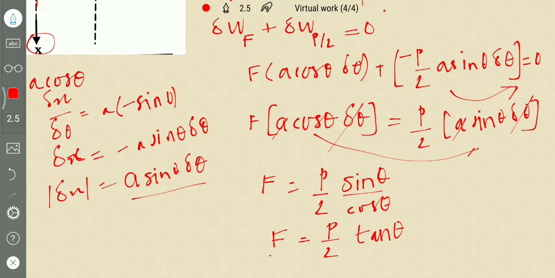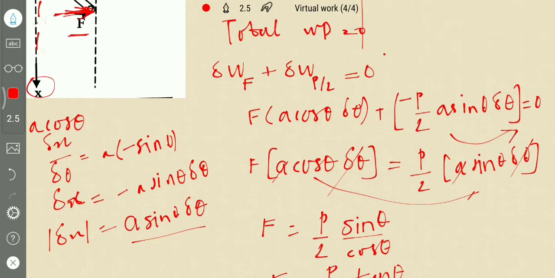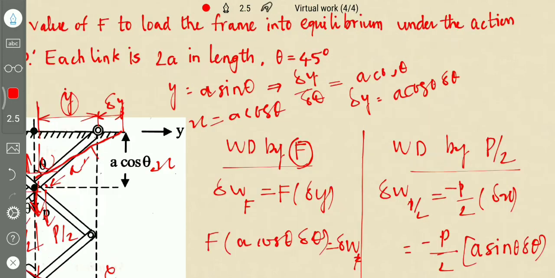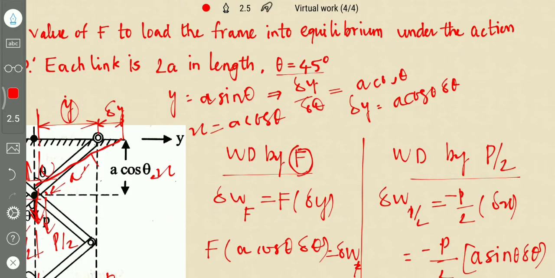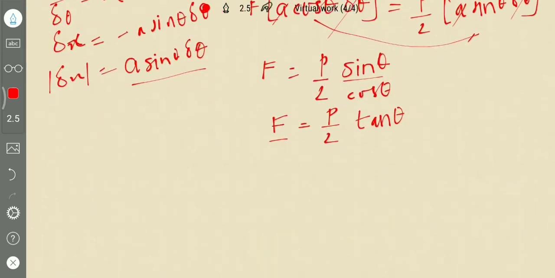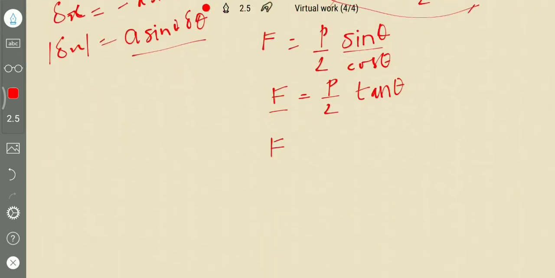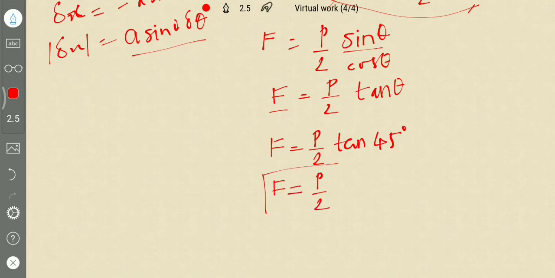So this is the relationship between F and P. And also, is the value of theta given? Yeah, theta is given as 45 degrees. If you substitute that value of theta in this, F is equal to P by 2 tan 45 degrees. So tan 45 is 1 and F is half of the load applied, that is P by 2.